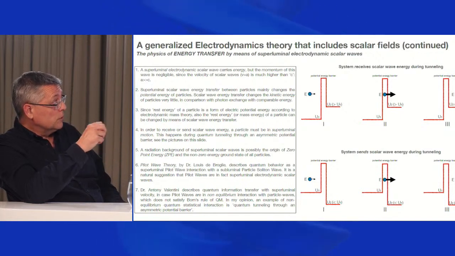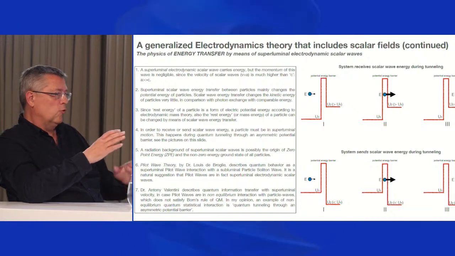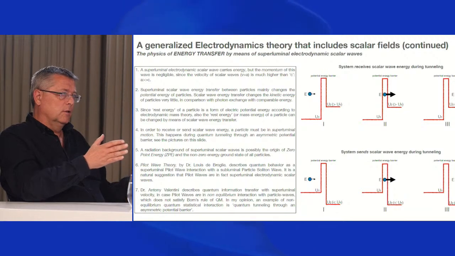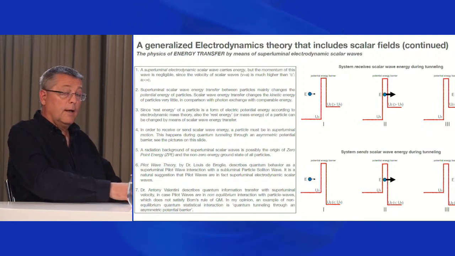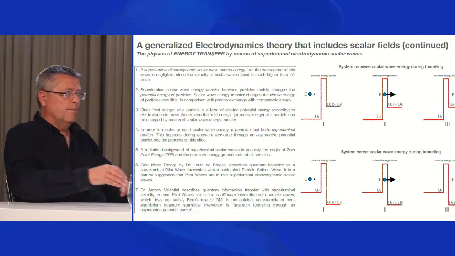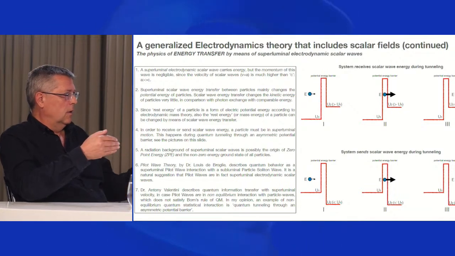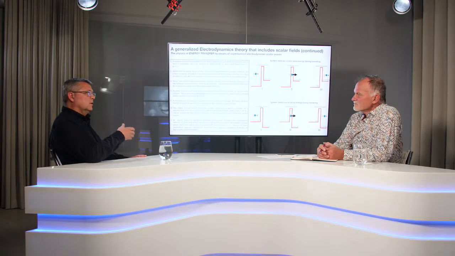So in order to receive or send this type of wave energy, the particle must be in superluminal motion. So this is just a suggestion that only superluminal matter can receive superluminal wave energy. So there must be, you can also call it impedance matching, something like that.